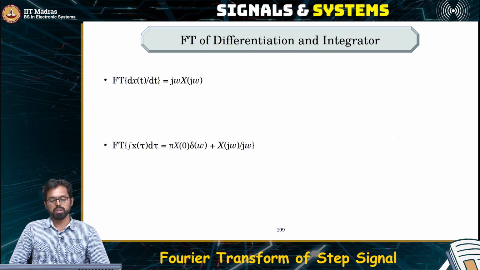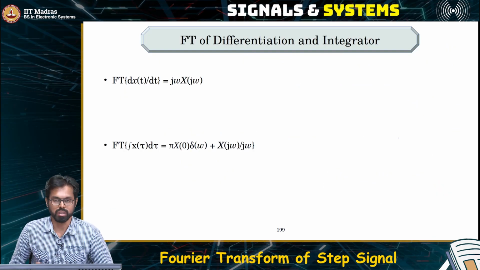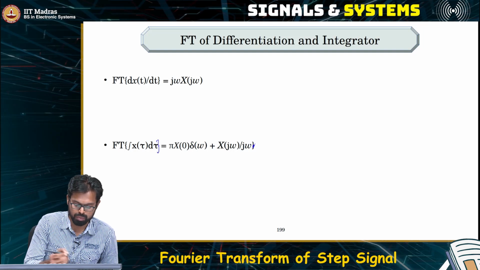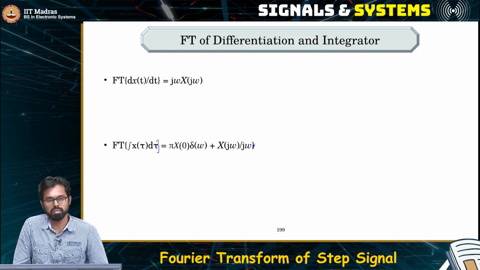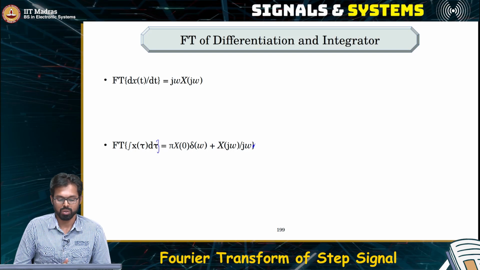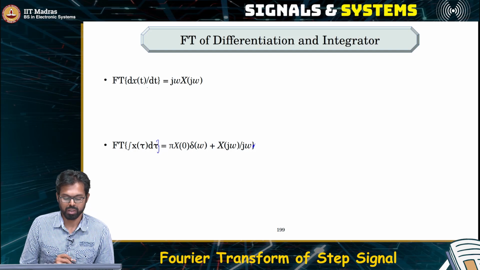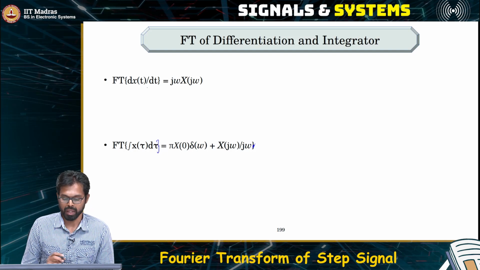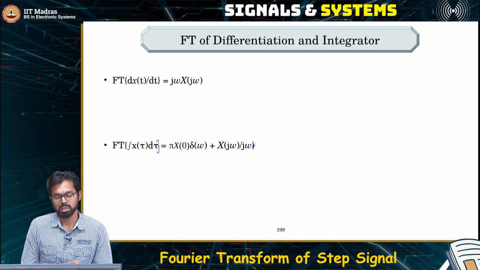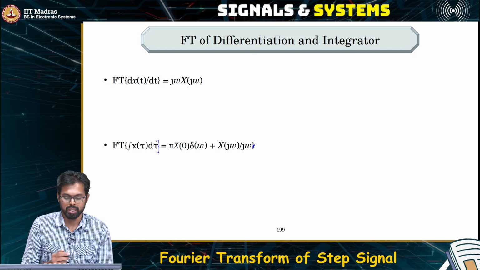Now let's see what happens to the Fourier transform of the differentiator and the integrator. Okay. It's once again very similar to what we saw in the Fourier series case. It's very simple also. If we have the Fourier transform of the derivative of some x of t, what is the corresponding relationship with the Fourier transform of the original signal?